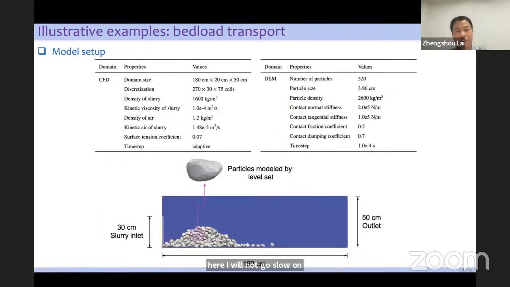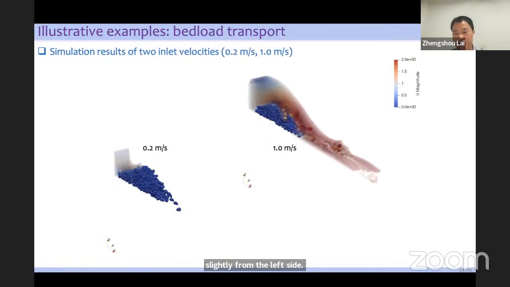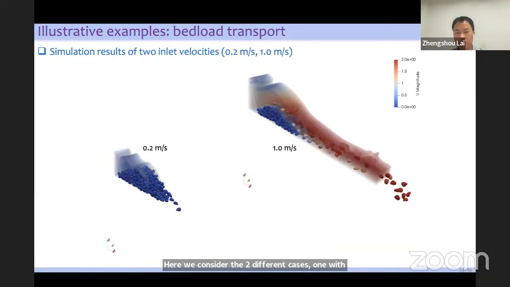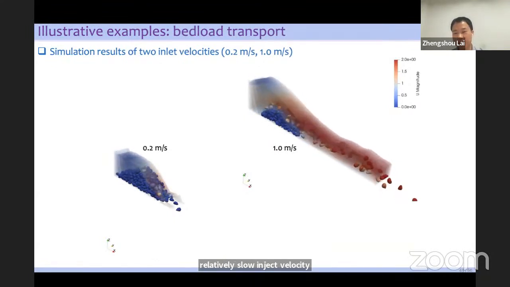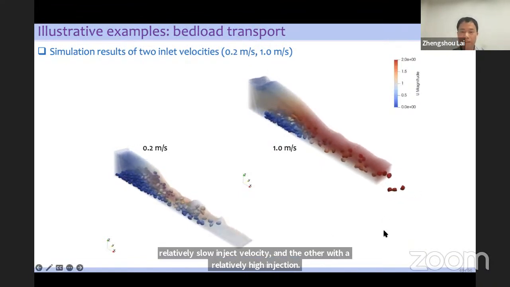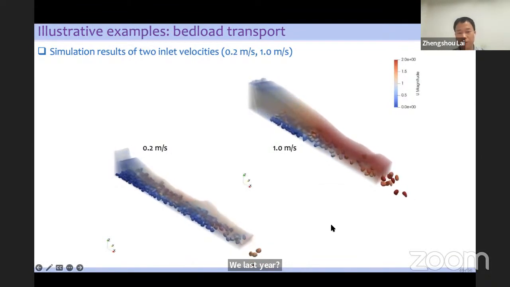The second example is the bed load transport. In this example, we have a pile of particles, and we inject the slurry from the left side. Here we consider two different cases, one with relatively slow injection velocity and the other with relatively high injection velocity. Here is the simulation animation.